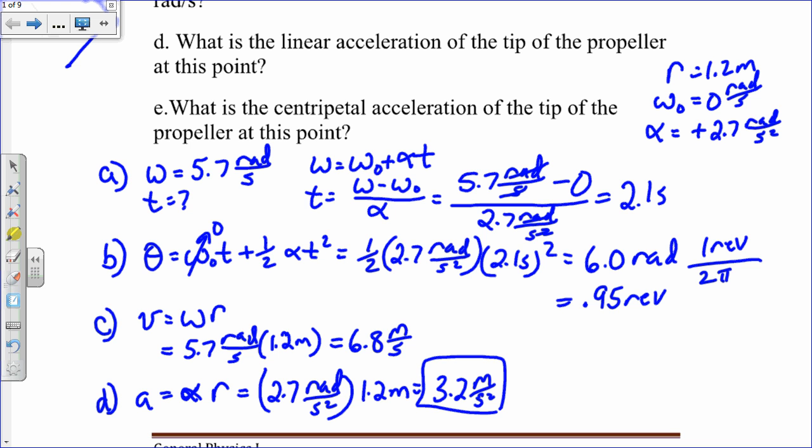And then finally, what is the centripetal acceleration? Now this is the linear acceleration. I want to know what is the centripetal acceleration. That describes how the forces are changing the direction of the velocity. And centripetal acceleration is equal to v squared over r.